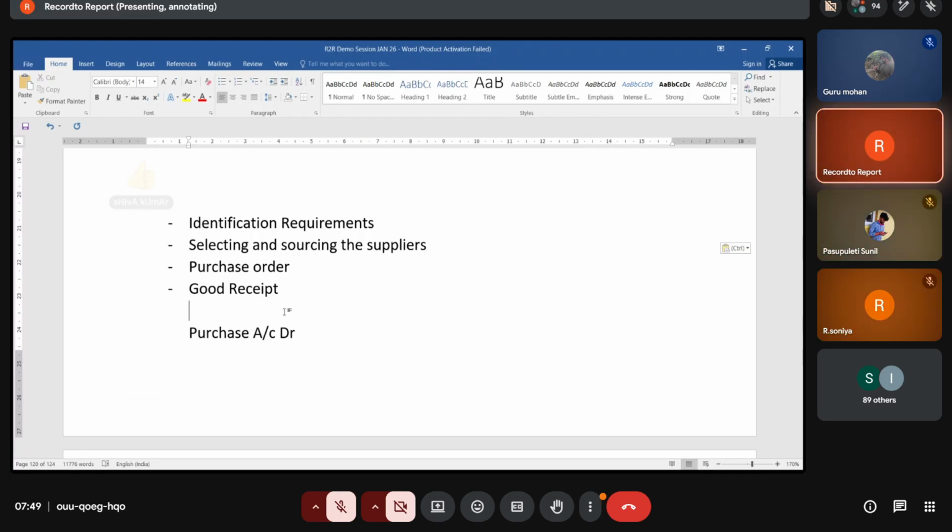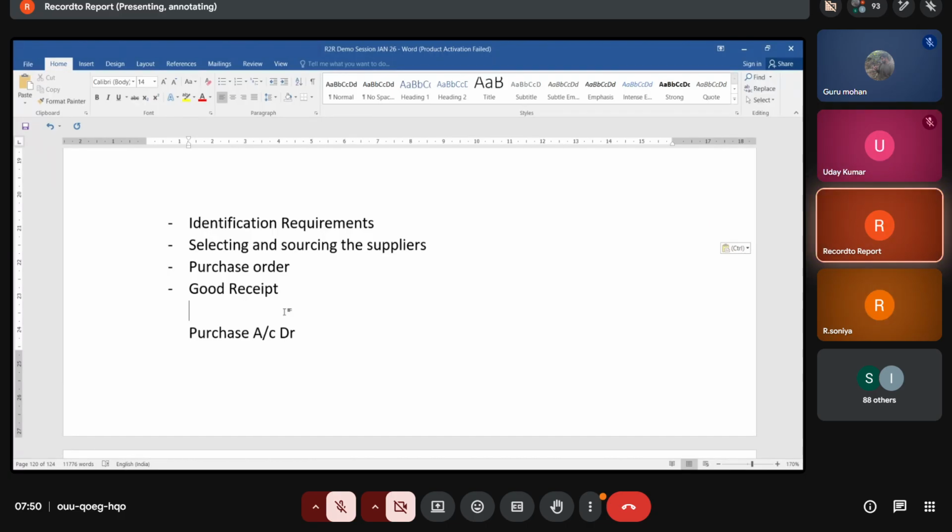Then once making the payment, what is the entry to be recorded, guys? While making the payment, vendor account debit to bank account.